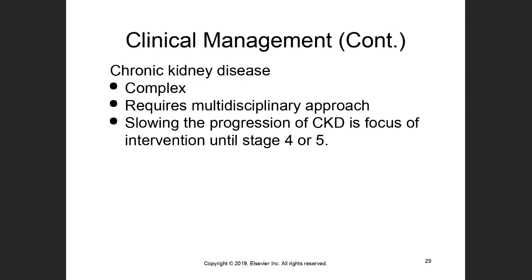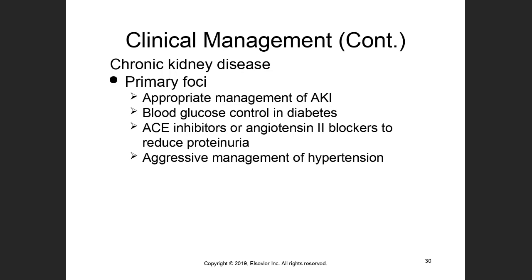Chronic kidney disease is complex and requires a multidisciplinary approach, and slowing the progression of chronic kidney disease is the focus of intervention until stage 4 or 5. We have chronic kidney disease, primary prevention: appropriate management of AKI, blood glucose control in diabetes, and an ACE inhibitor or angiotensin II blocker to reduce proteinuria.